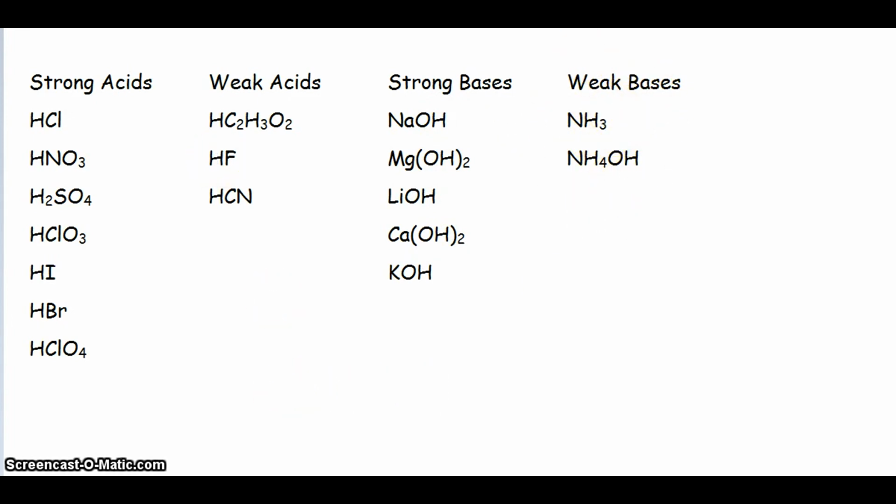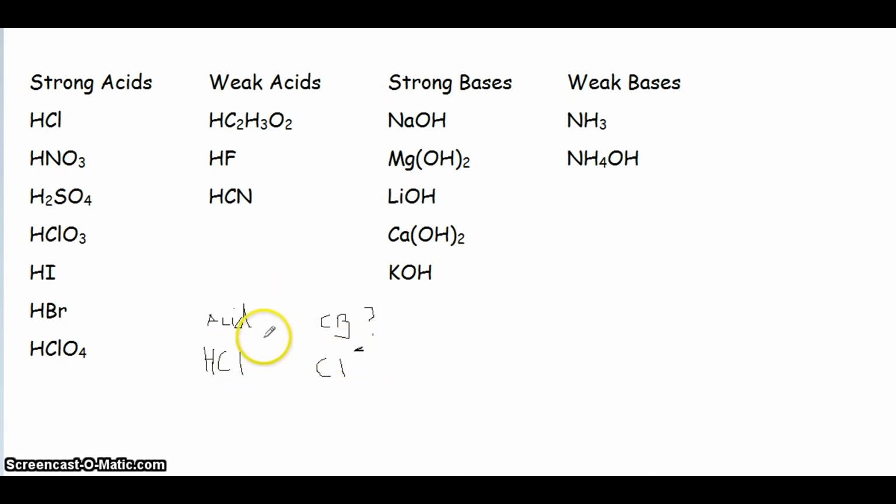Now I will ask you guys in class to be able to say, if hydrochloric acid is your acid, what would be the conjugate base? Well, you have to realize that if this is the acid, an acid donates protons. If it got rid of a positive H, would it not be a chloride ion by itself with a little negative?